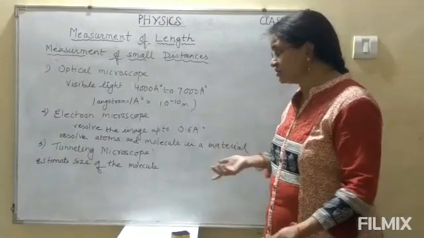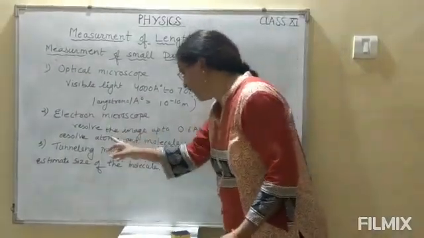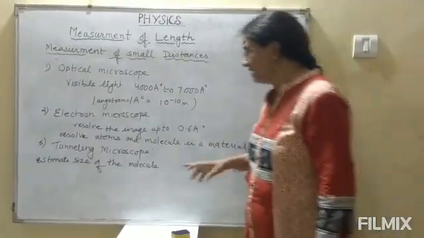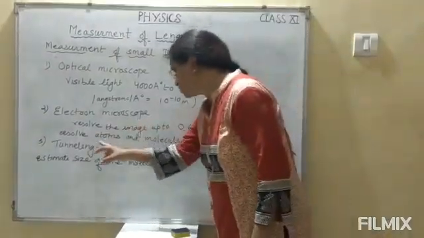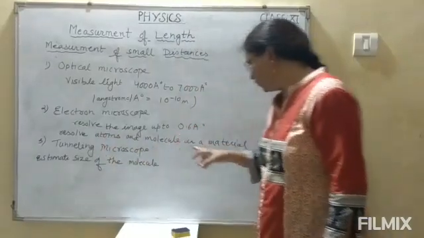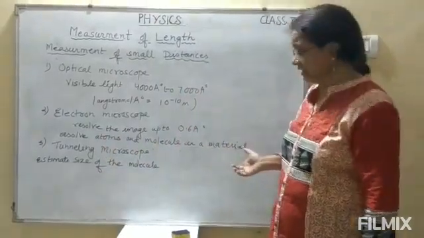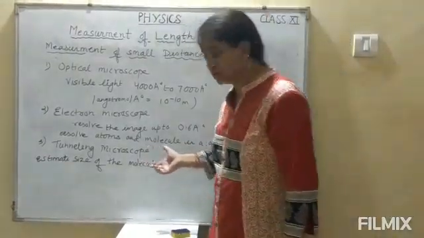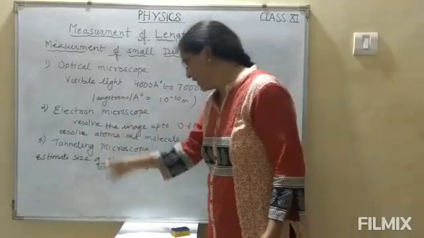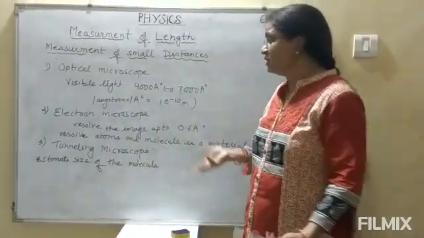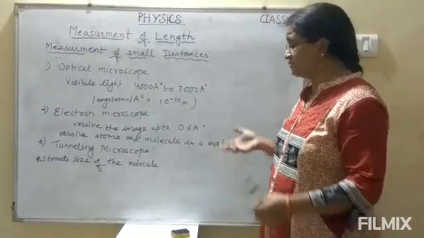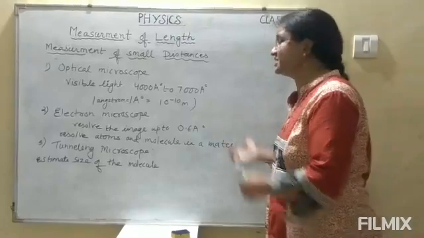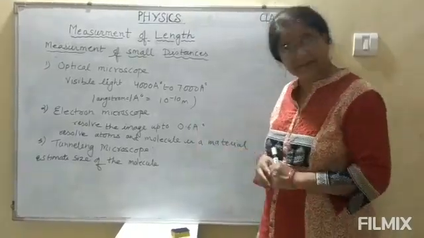So the image through the electron microscope can be resolved up to 0.6 angstrom, and this instrument can be used to resolve the atoms and molecules in a material. Nowadays, tunneling microscopes are also used to estimate the size of the molecule. So, my dear students, we can measure very large distances as well as small distances in physics.